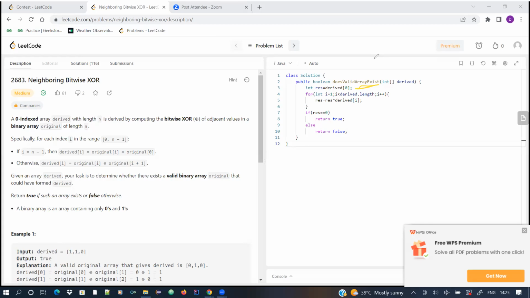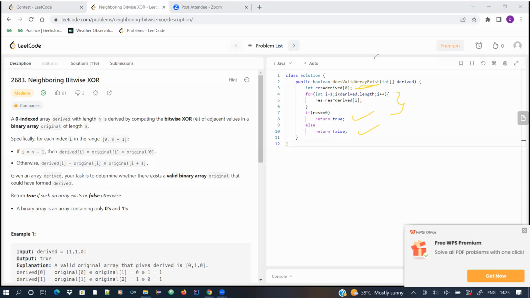Then we traverse the entire derived array and just perform the XOR operation, and if we get 0 as the result, we return true, else we return false. That's it. It's just a two-liner solution.